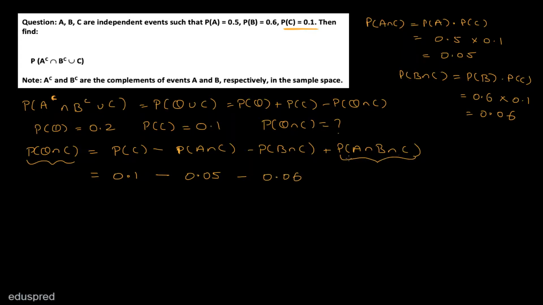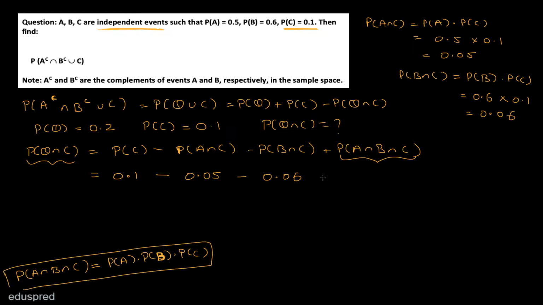Similarly, we can figure out the probability of A intersection B intersection C. Note that in the question we are given that A, B and C are independent events. I'm assuming that they are mutually independent events. When the events are mutually independent, that means we can write probability of A intersection B intersection C as probability of A multiplied by probability of B multiplied by probability of C. Okay, so if we take A, B and C to be mutually independent, we can also write this, and from here we can see that this probability is equal to 0.5 multiplied by 0.6 multiplied by 0.1, and this is going to be 0.03.